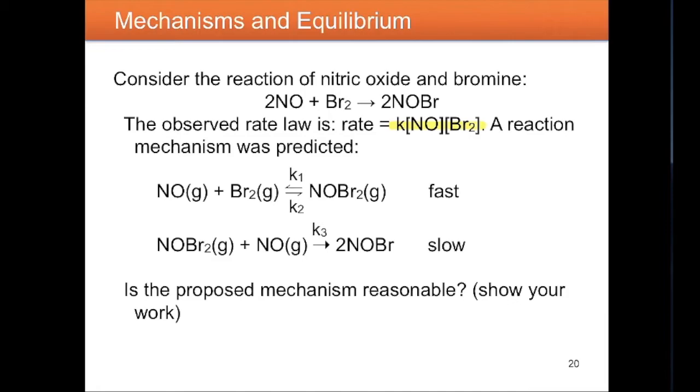And notice again, we have an intermediate, NOBr2, that is in the second slow reaction, and it is not included in the rate law. So is the proposed mechanism reasonable? Now we have to take the reactions, and just like we did last time, see if we can derive the rate law from this particular mechanism.